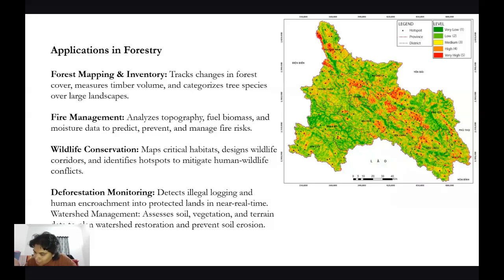They were natural, but now we also know that forest fires are set, or rather they have causal factors within human activities. So considering all these risks, we will look at some very basic and most important remote sensing GIS applications in forestry. The forest mapping and inventory.